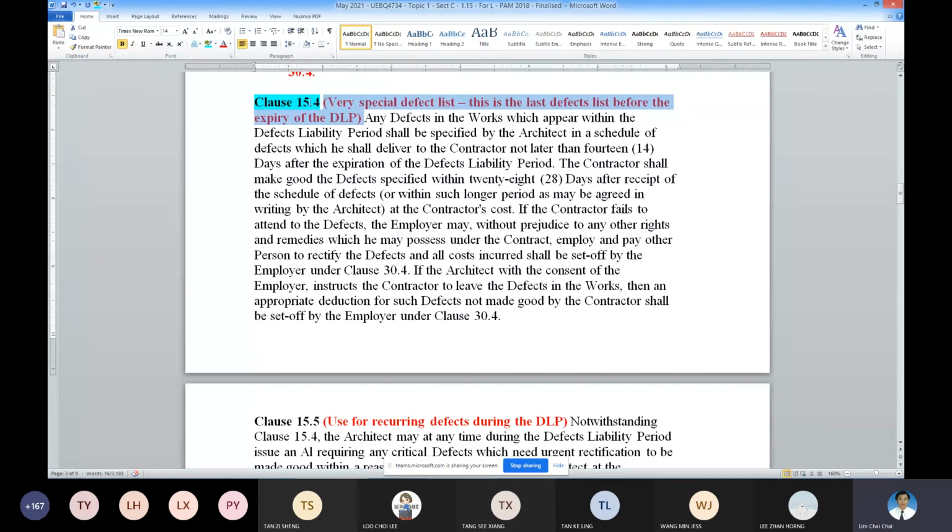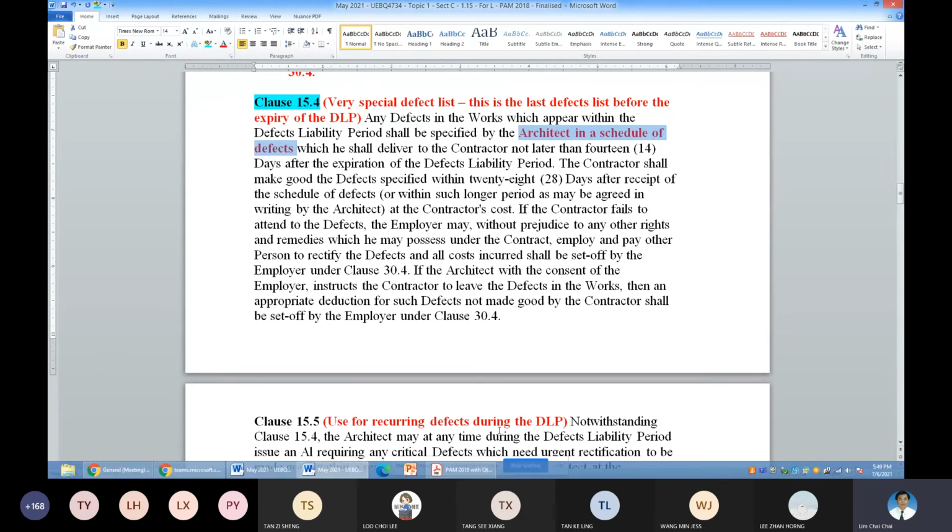Okay. So any defects that appear within the DLP period, the architect will prepare as a schedule of defects. This list is called the last list before the expiry of the defect liability period.